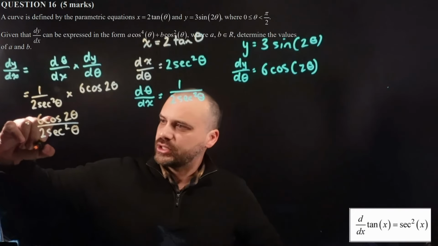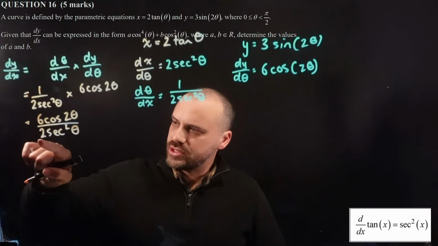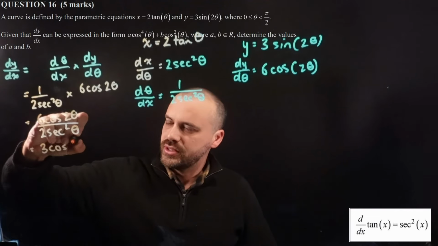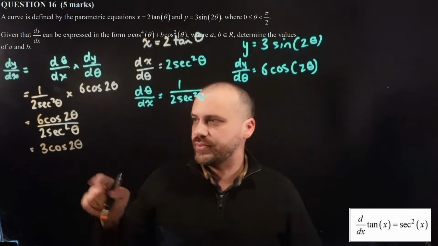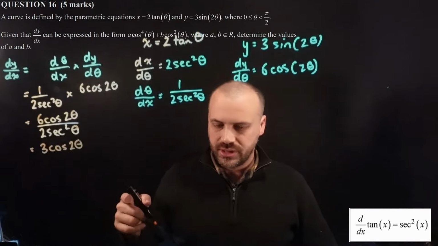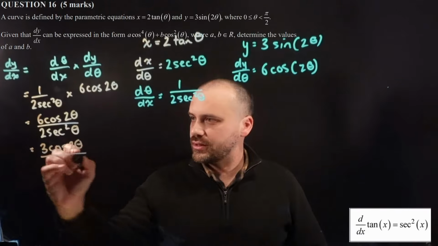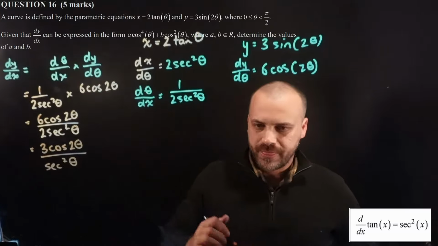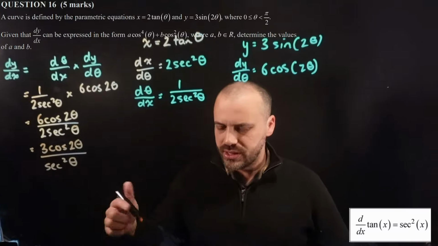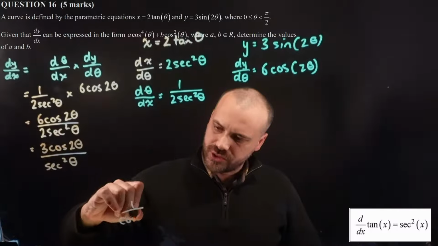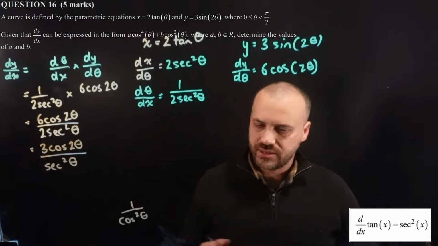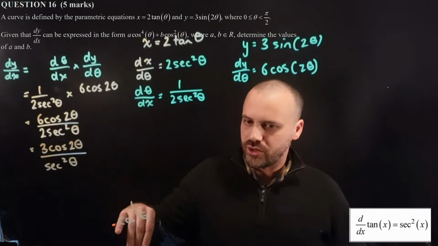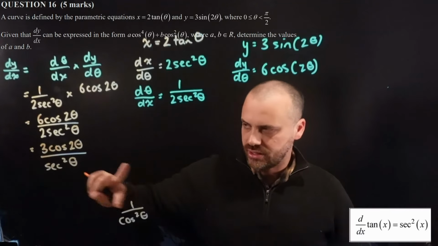So, actually, let's do a couple of things. 6 and 2 become 3. So this is just 3 cos 2 theta. And so that 2's gone now. And we're just left with a sec squared theta on the bottom. But sec squared theta is the same as 1 over cos squared theta. So we have 3 cos 2 theta over 1 over cos squared theta.